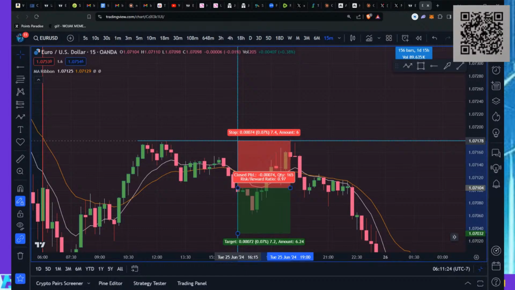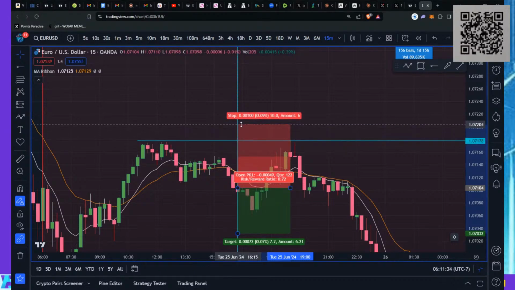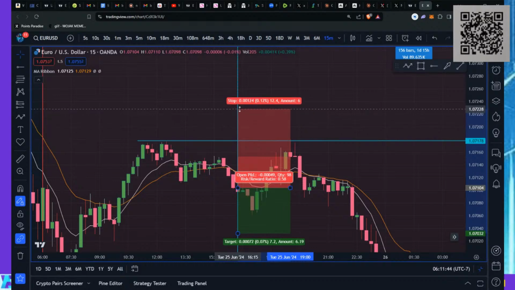In this case, it would be 4 pips above the structure, which is 17 for 2109, plus the 2.5 pips, so 23.12. Okay, so that's your initial stop.